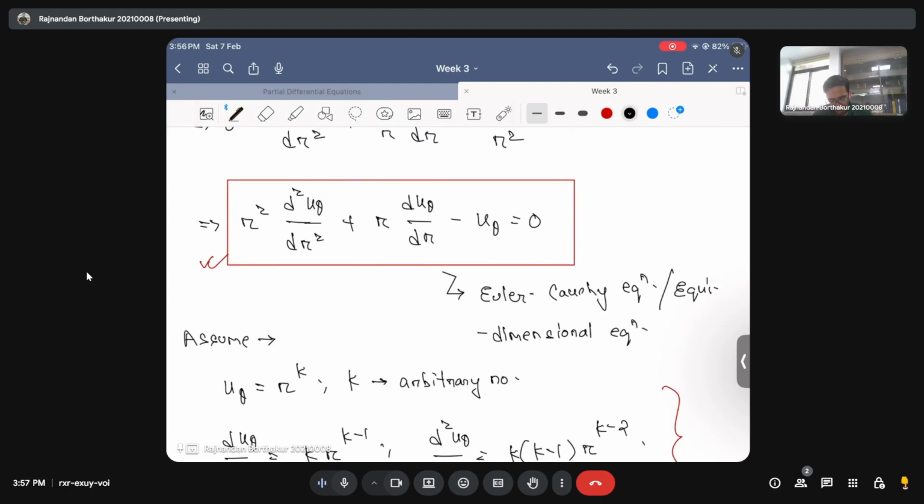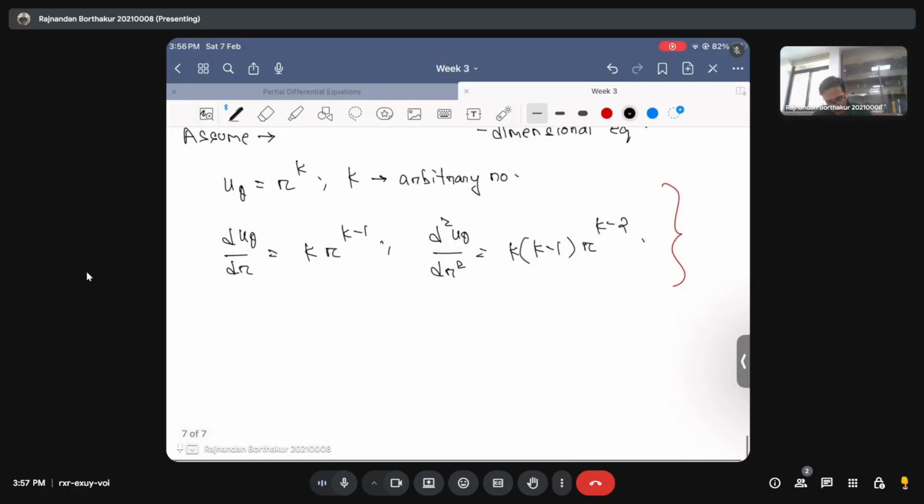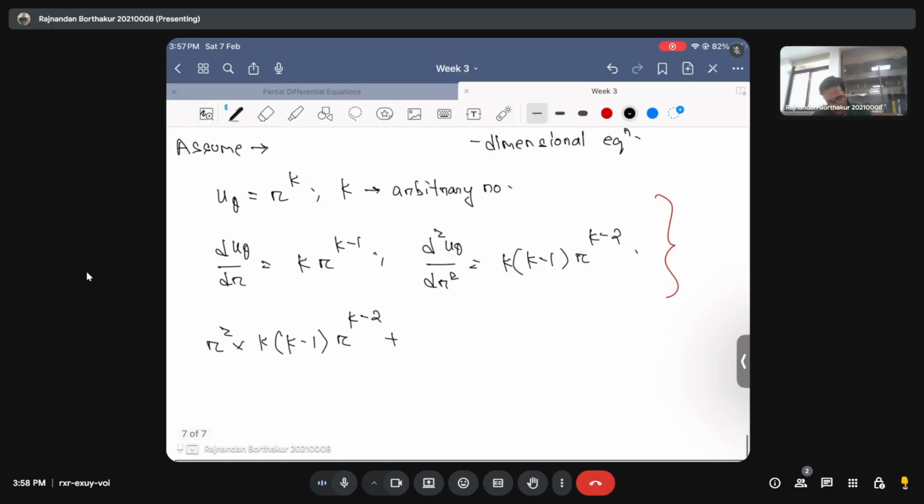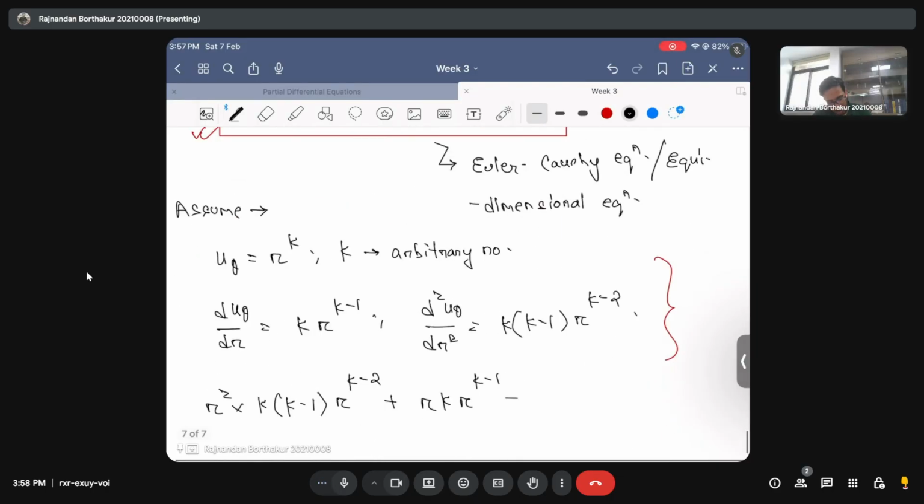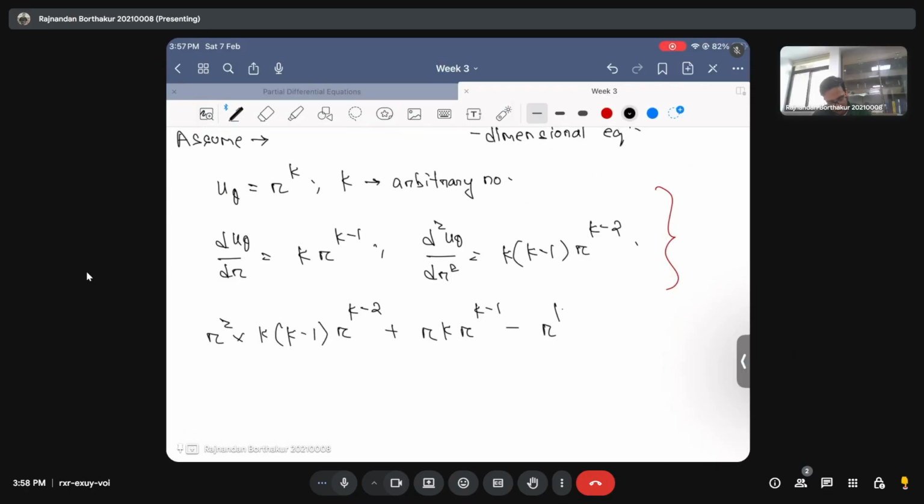The first term is r squared times k(k-1) r^(k-2), plus the next term, r times k r^(k-1), minus the next term, u_θ, which is r^k, equal to 0.